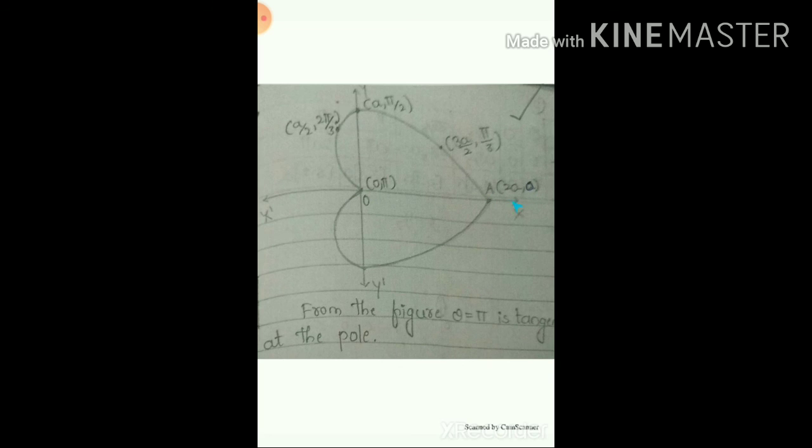This is half of the curve and this is the other half. For different values of r and theta, these are the points. Therefore, we can draw the curve like this, and the other symmetric part of the curve we can draw like this. This is the cardioid curve.